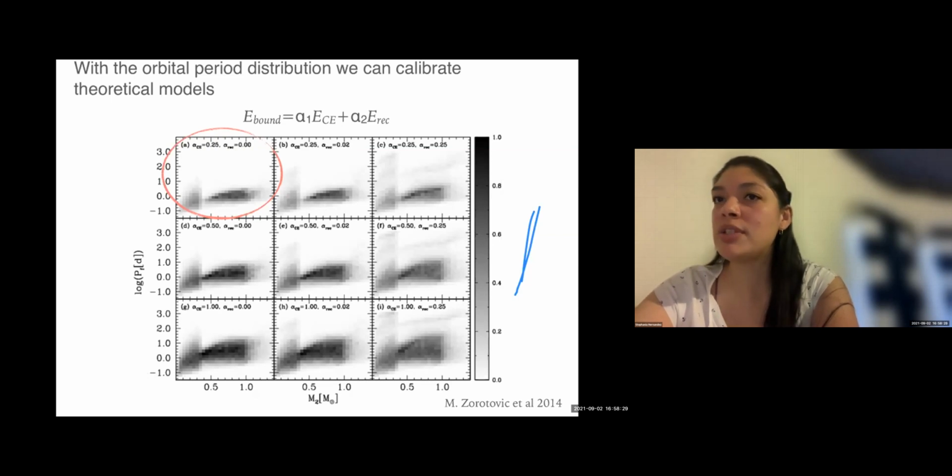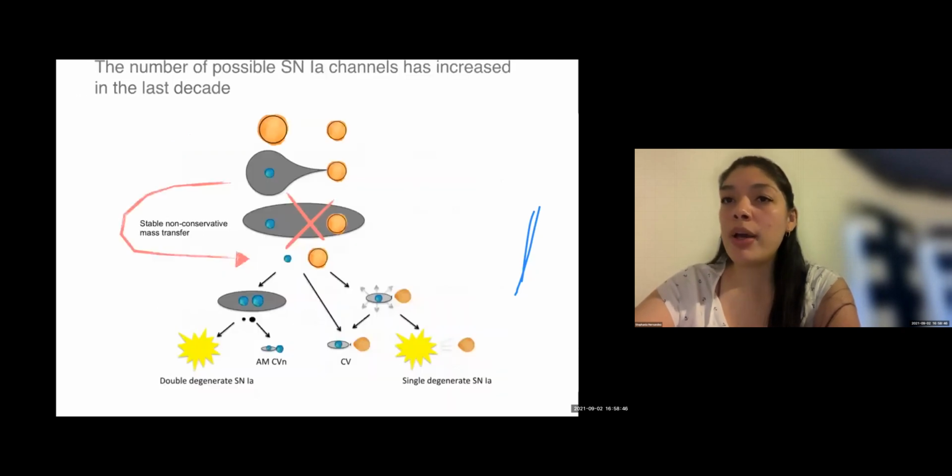This means they use the same alpha to bind the binary, but those binaries with long orbital period need some extra energy to bind the binary, or they simply escape the common envelope phase and experience a stable non-conservative mass transfer.